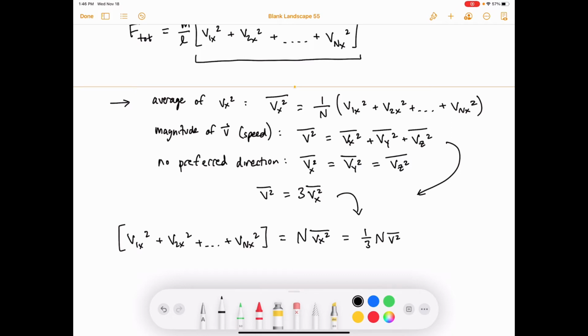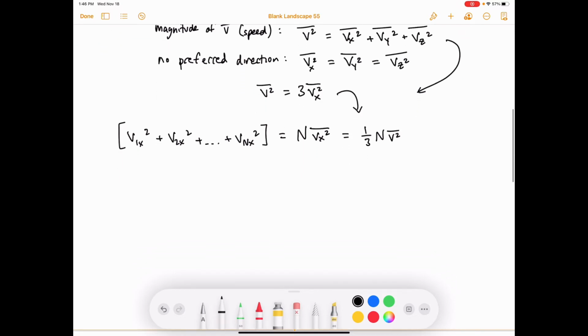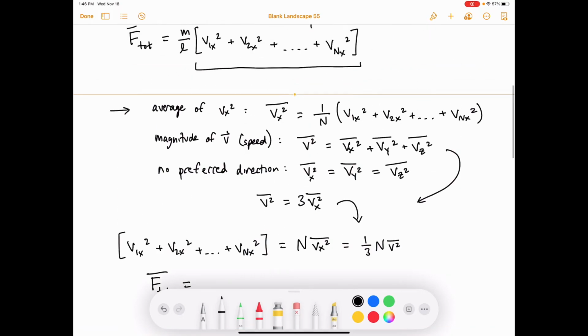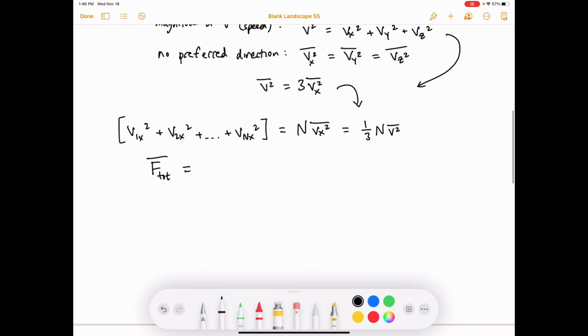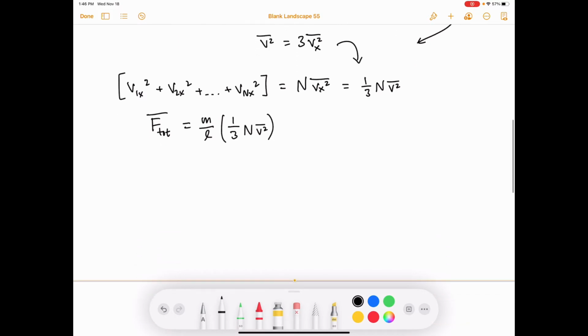The next thing we'll do is plug that into our formula for F total. Again, that's m divided by L times the term in brackets, which we just determined was equal to 1/3 times n times average speed squared. Next we're going to introduce pressure.